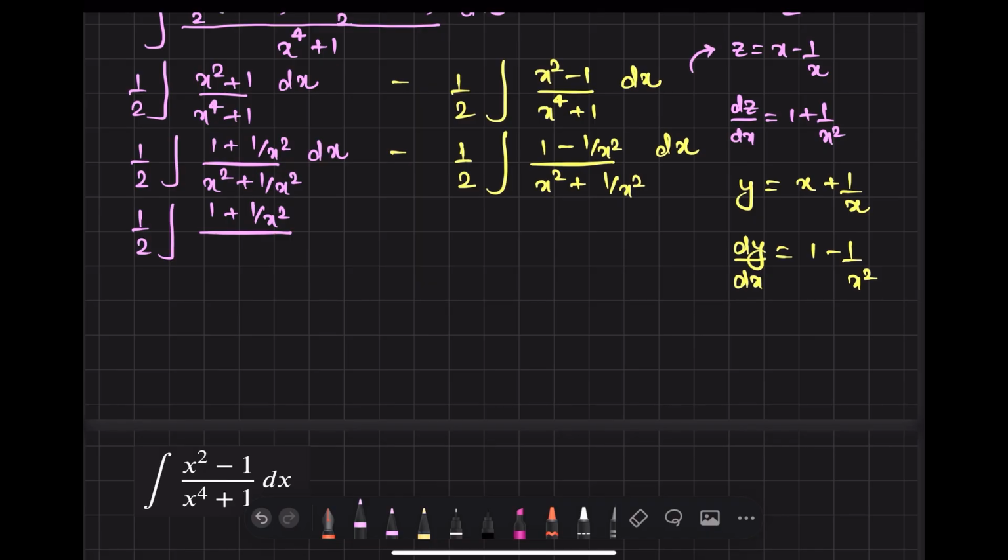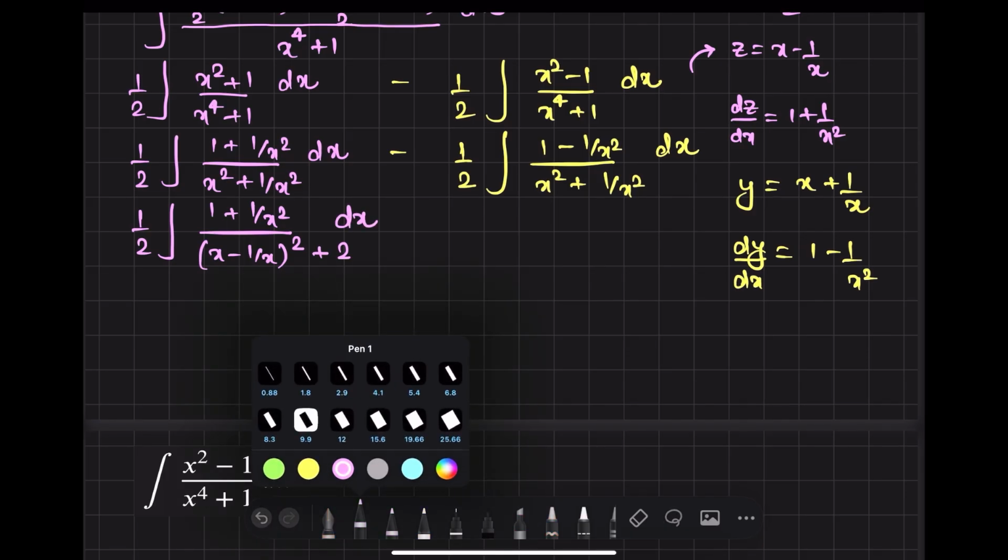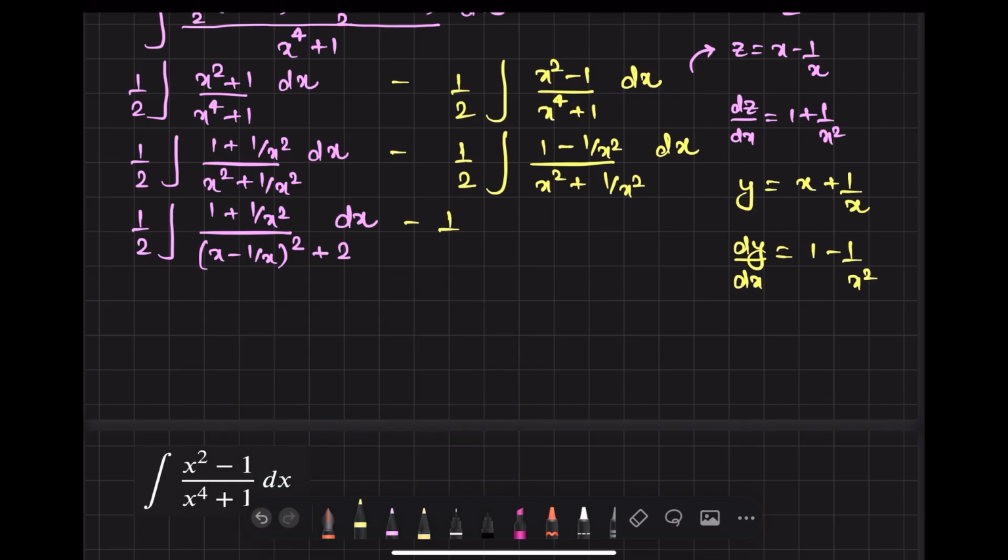So can I write x minus 1 by x whole square plus 2 dx. Now the yellow thing, minus 1 by 2 integration 1 minus 1 by x square dx, and then you will be taking x plus 1 by x whole square minus 2, correct?